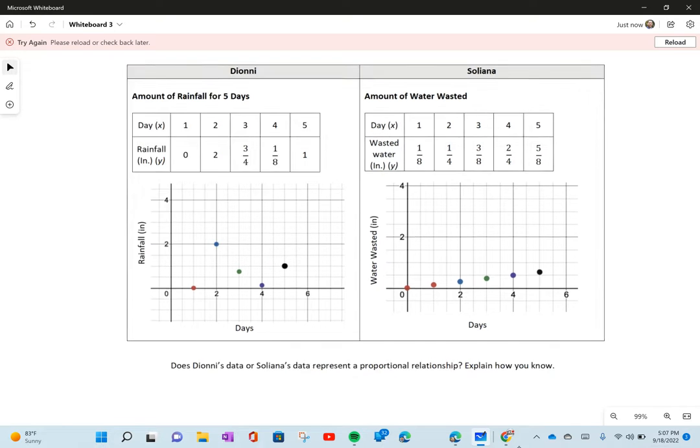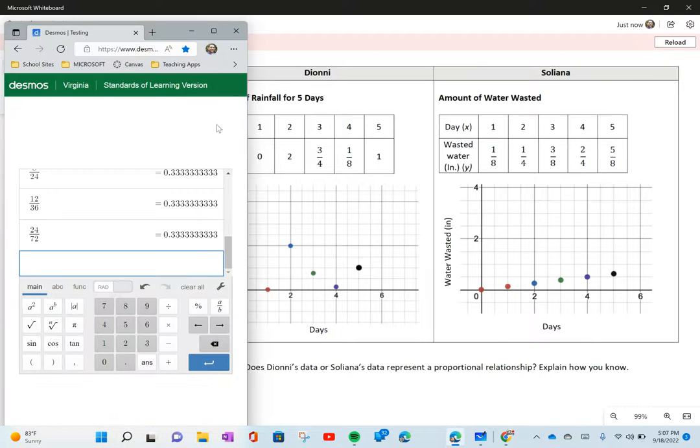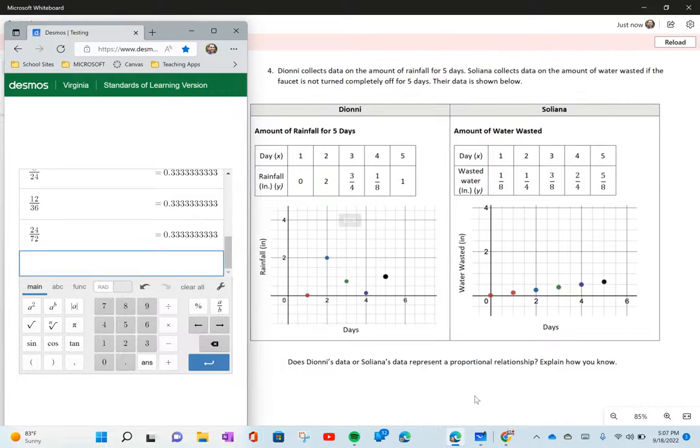All right, so maybe I can fit the calculator on the left side of the screen over here. Make this a little smaller. Okay, so let's just check really quickly. Does a proportional relationship exist using the methods that we have already used?